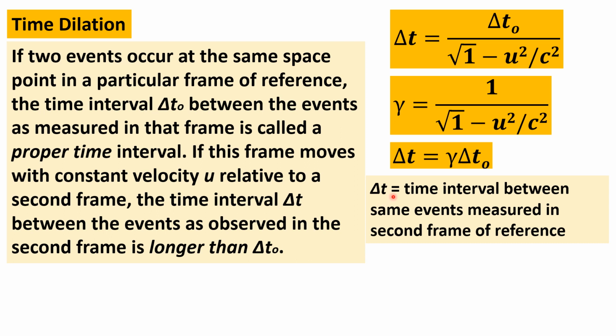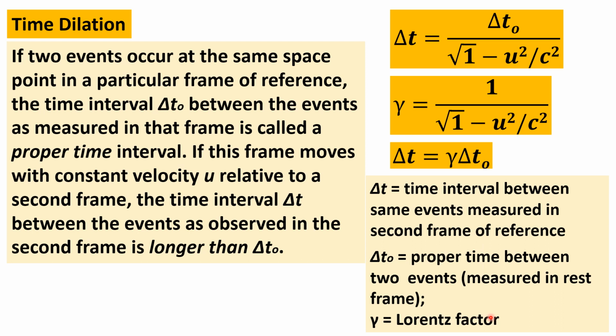So delta t without the subscript 0 is what we call the dilated time, while delta t with the subscript naught is defined as the proper time between the two events measured in the rest frame.